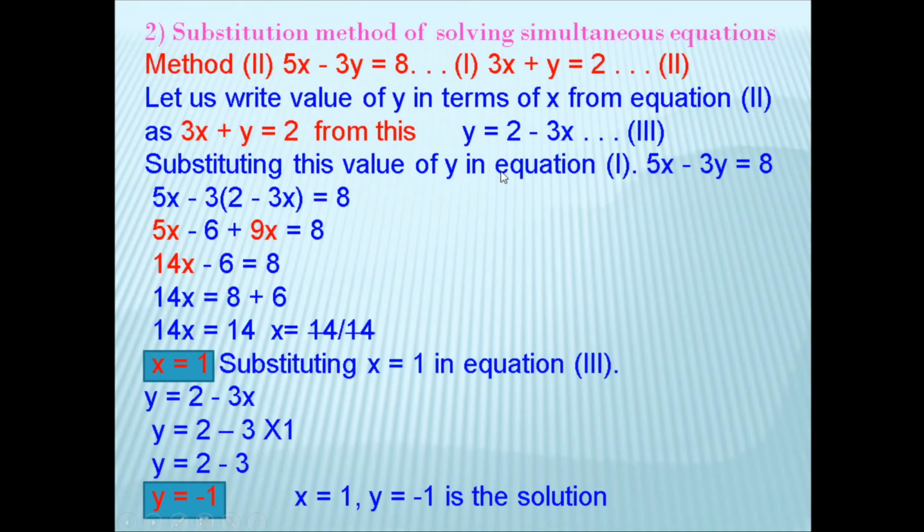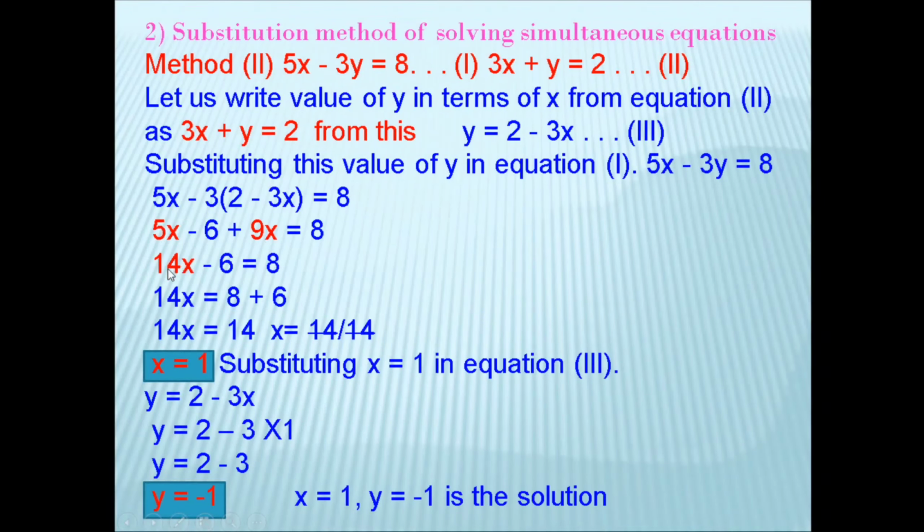Substituting this value of y in equation number 1, 5x minus 3y is equal to 8. 5x minus 3, put the value of y here, 2 minus 3x is equal to 8. When you will multiply by 3, then we will get 5x minus 6, minus 3 into minus 3 is plus, 3 into 3 is 9x is equal to 8.